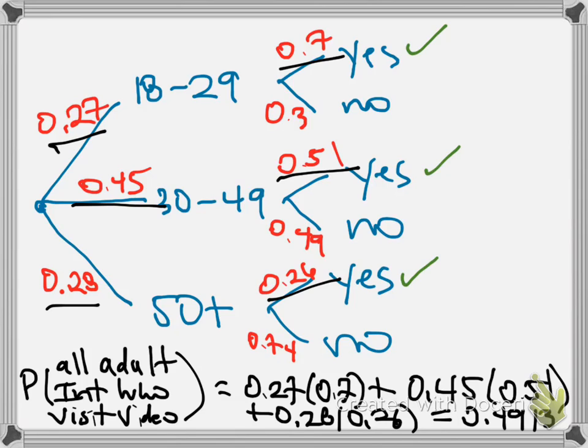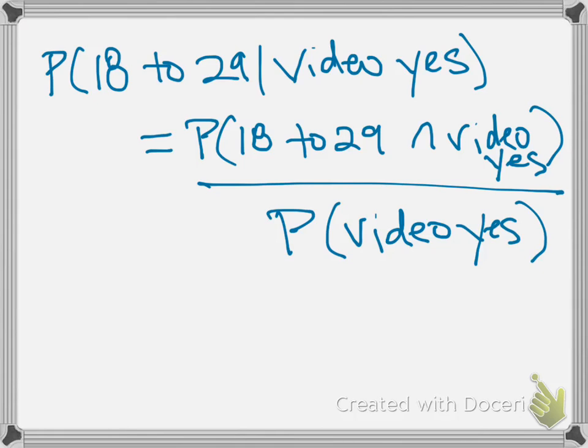We know that 27% of our internet users are between the ages of 18 and 29, and we know that 70% of those 27% of users answered yes to our survey question. So in order to calculate the intersection of those two events, all we have to do is multiply those two values together, and we will get 0.1890.